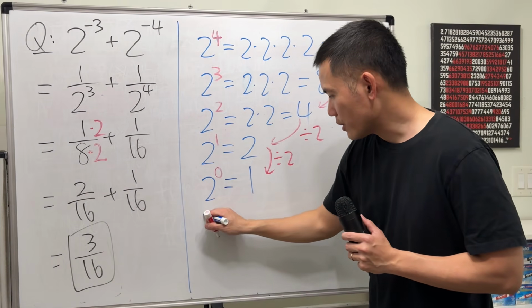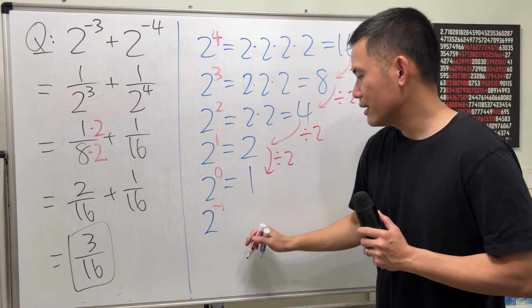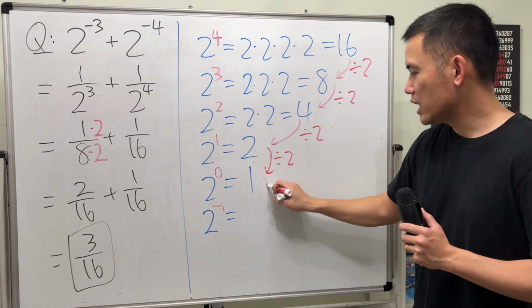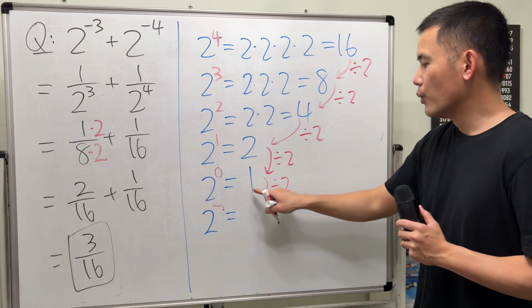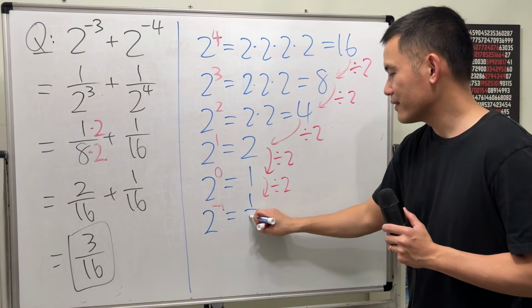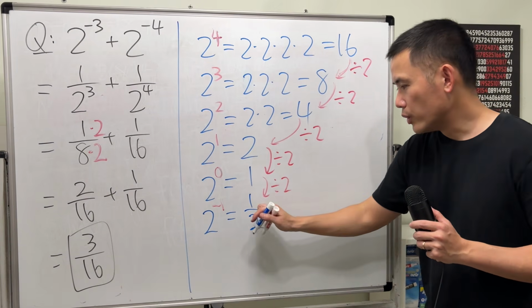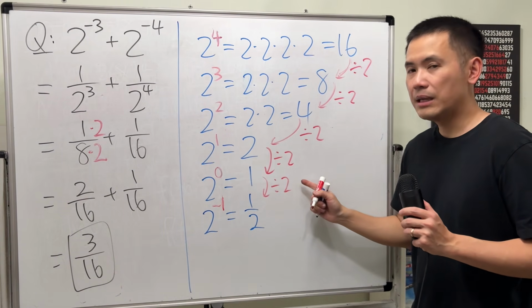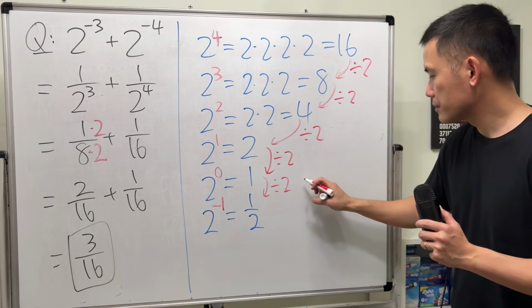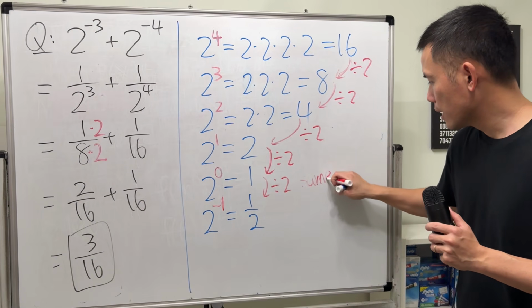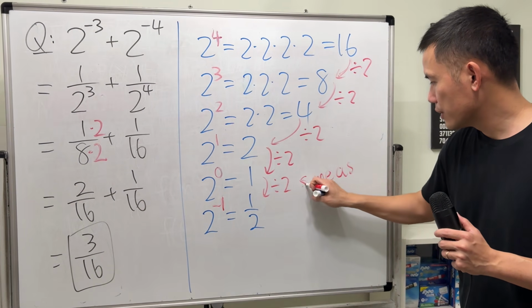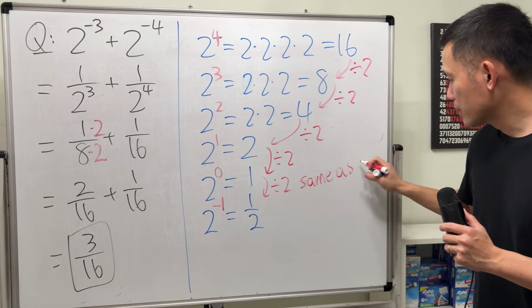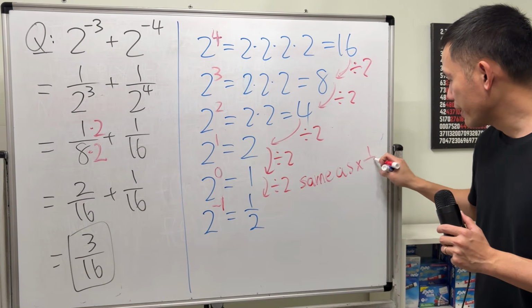If you keep on going, 2 to the negative 1, guess what? You just have to keep dividing by 2. 1 divided by 2, you get 1/2. And remember, when you divide by 2, it's the same as multiplying by 1/2.